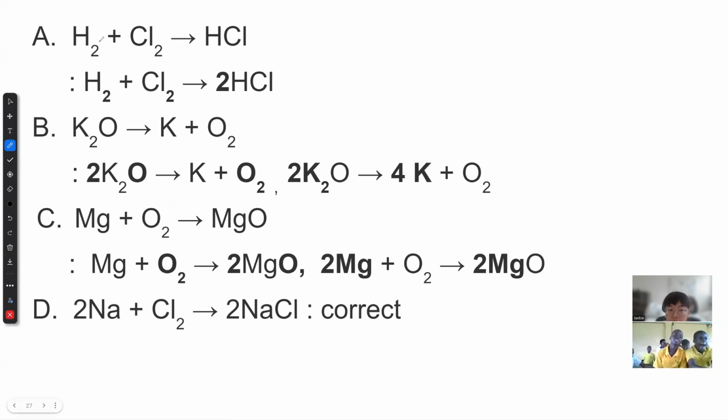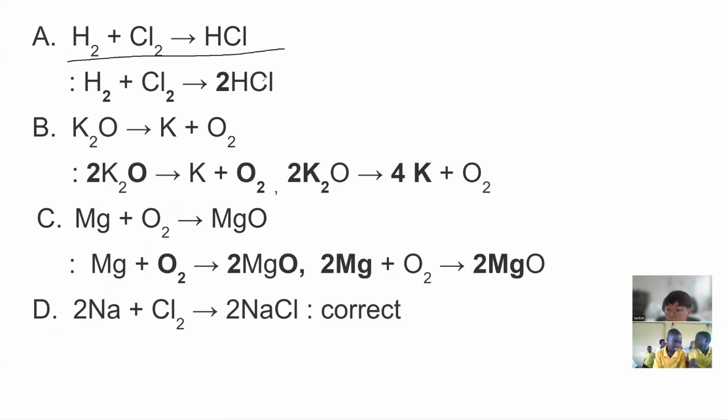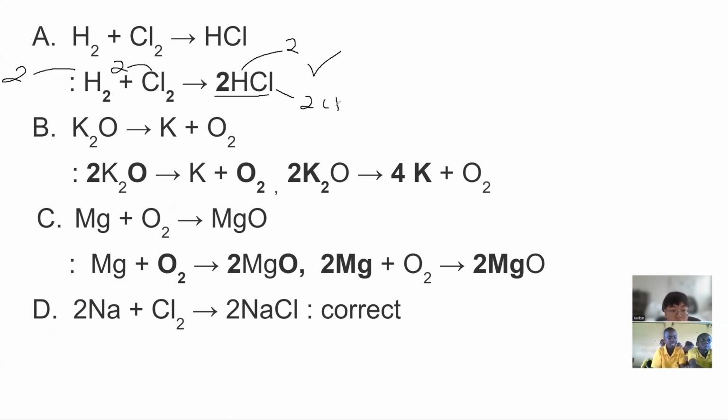For A, of course, this was not correct, but this can be balanced by adding a 2 in front of HCl. If you add 2 in front of HCl, then the equation is balanced. 2 hydrogen left, 2 hydrogen right, 2 chlorine left, 2 chlorine right.